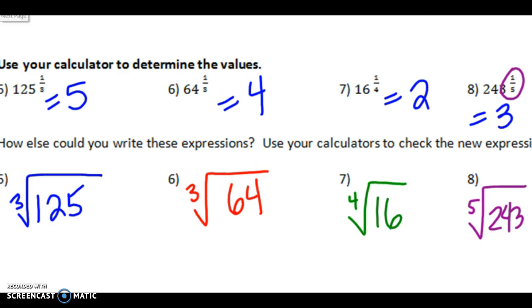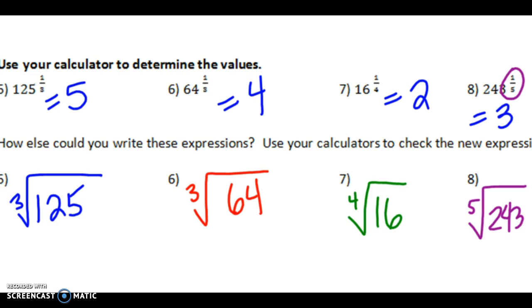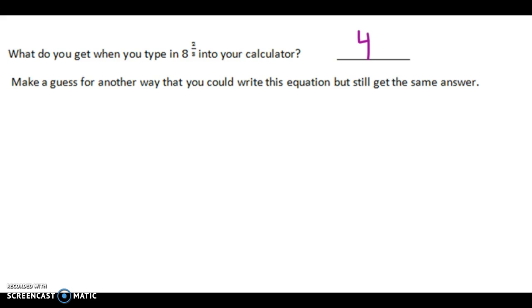Okay, pretty easy. So when you type in 8 to the 2/3, now we have something where the numerator is not a 1. Type it in, everybody, 8 to the 2/3, and you get 4 as your answer. So another way that you can write this, if we go back to the other ones, for instance number 6, this would be the same thing as 64 to the 1st, and then take the 3rd root of that.